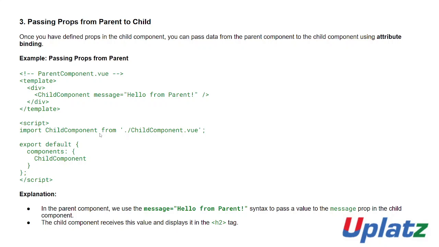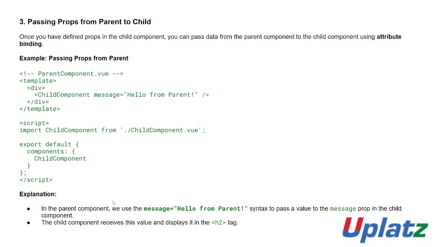Import ChildComponent from ./ChildComponent.vue within the same directory. Export default, then object, then components, ChildComponent. Then the components object is closed, the export default object is closed, then the script tag is closed.